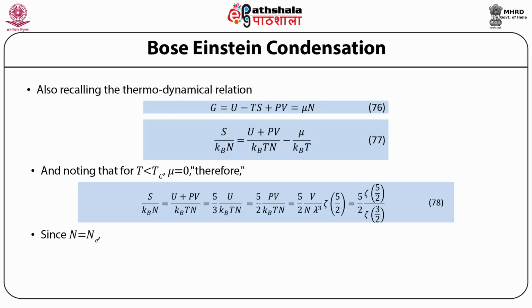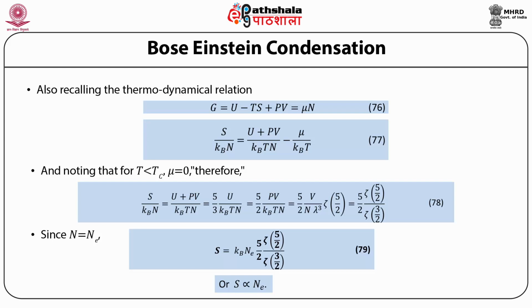Since n is equal to Ne, S is equal to kB Ne multiplied by 5/2 times Riemann zeta function of 5/2 divided by Riemann zeta function of 3/2, or entropy is proportional to Ne.